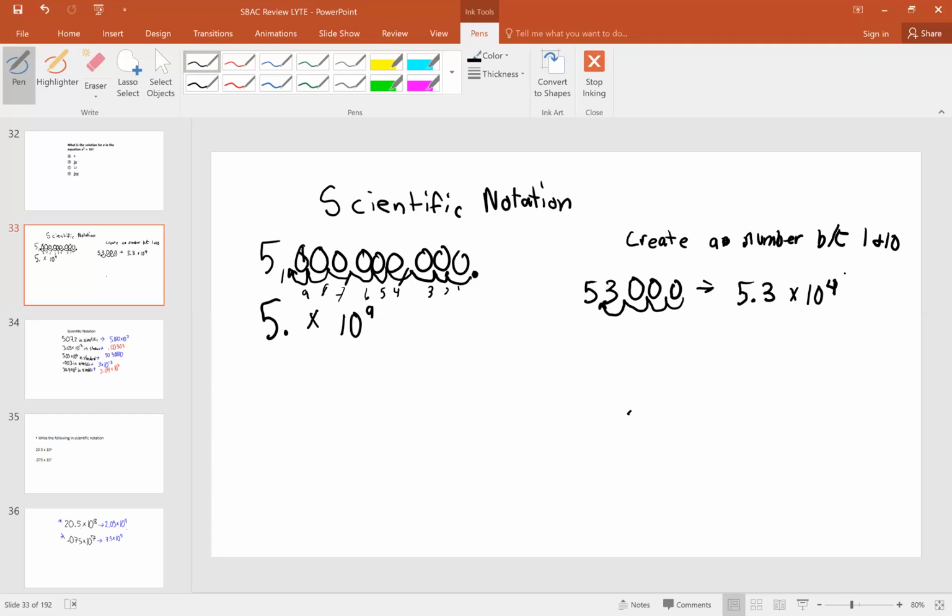Now, there are also times in which I'm going to have to deal with a decimal that's already in a different spot. So for example, if I have 507.2, well, this is currently in standard form because it's not a number between 1 and 10.